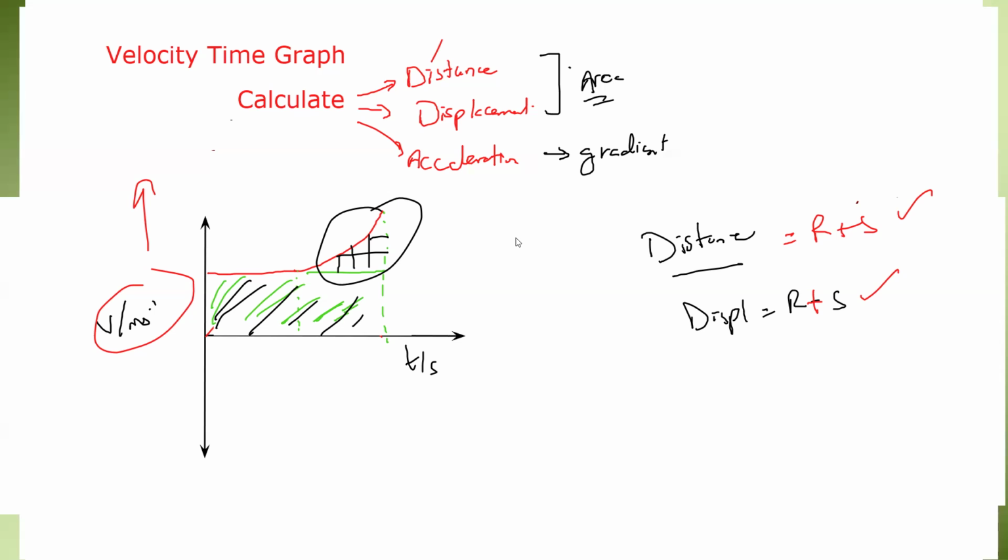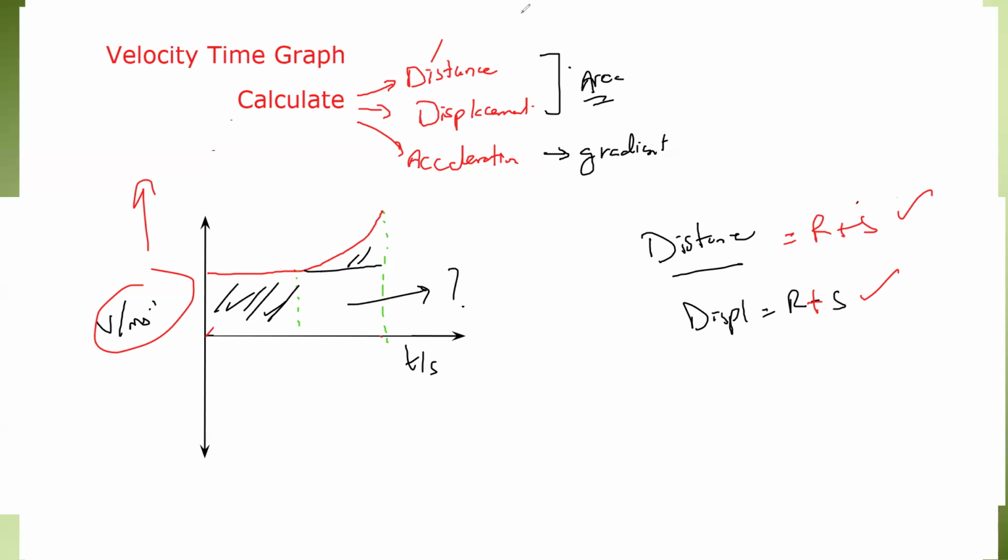The common mistake students make here is that they are not taking these values. For example, if a graph starts from here, they are not including this area, but this area should also be included.